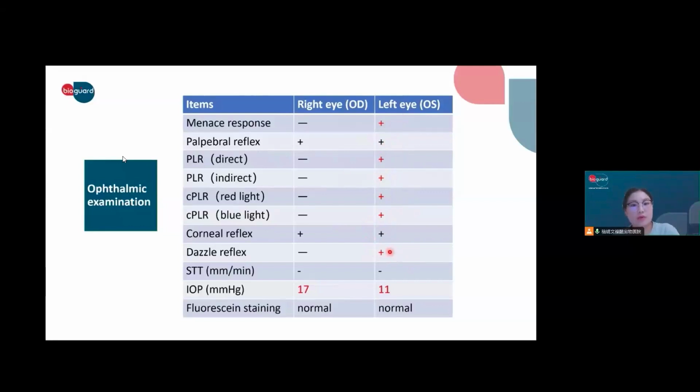So we know that his left eye has regained vision, but not his right eye. Here, the balance response was still abnormal. And the intraocular pressure in both eyes was maintained in normal range. That's good.